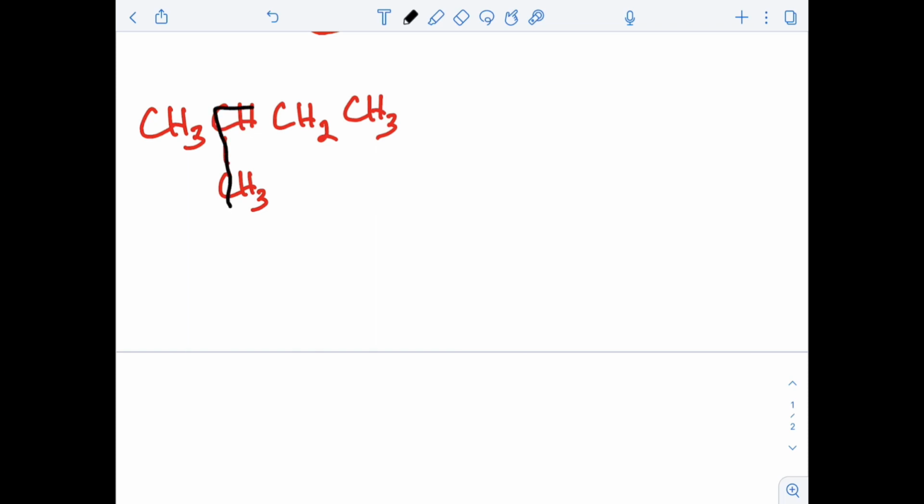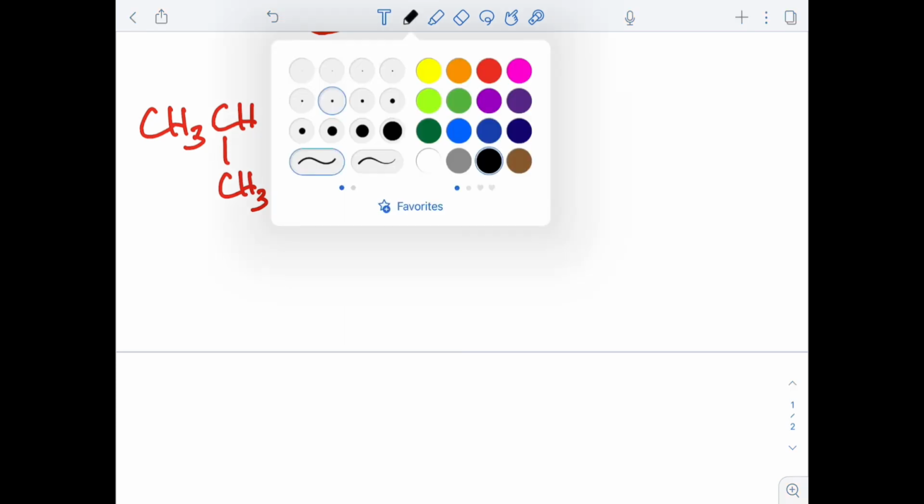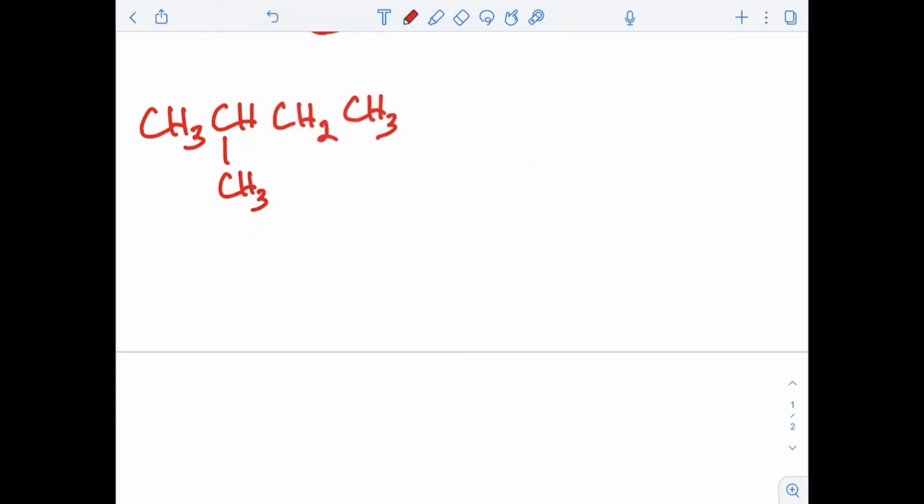So if I come this way, this methyl group would be at this number 2 carbon. Or if I go this way, this methyl group is going to be at this number 2 carbon. So in these situations, you have an option of how you want to name the compound based upon the longest continuous chain of carbons. I always like to keep it simple and just go from left to right or right to left.